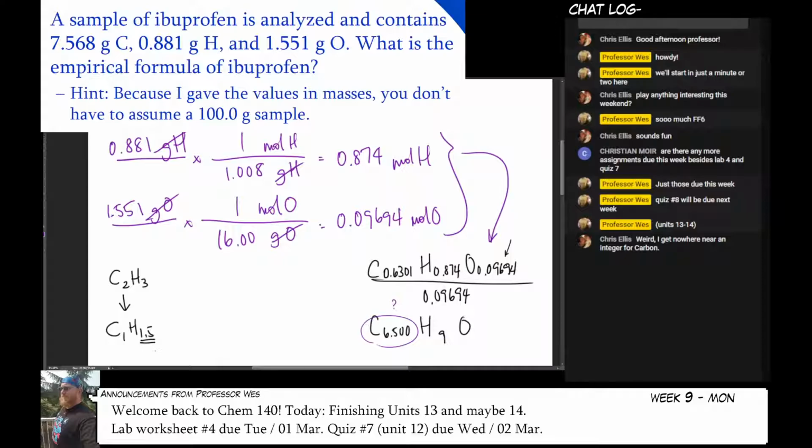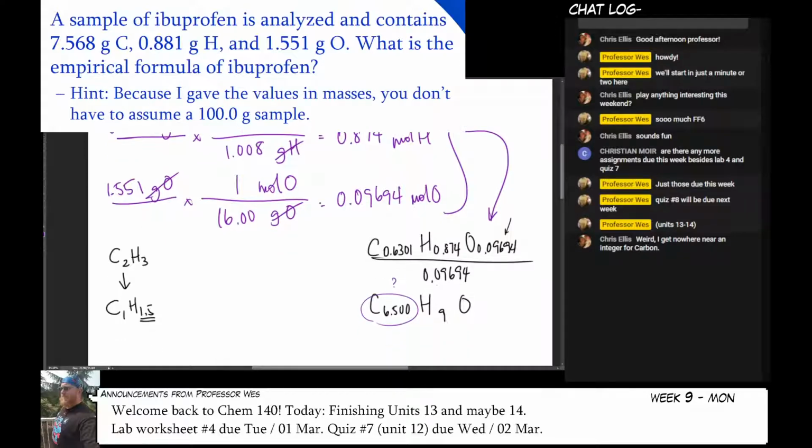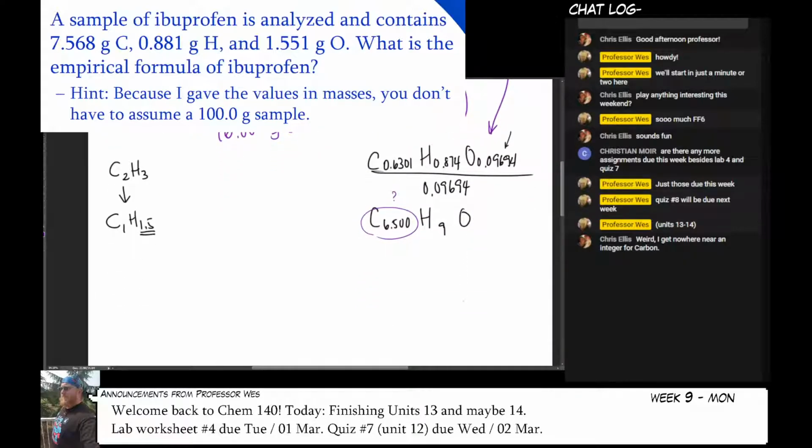So if you see a decimal that looks like a fraction, so 0.5 is a good fraction, 0.25 is a good fraction, 0.33333 is a good fraction, what you need to do is you have to multiply to clear fractions. So 6.5 here is the same as me writing this, right?